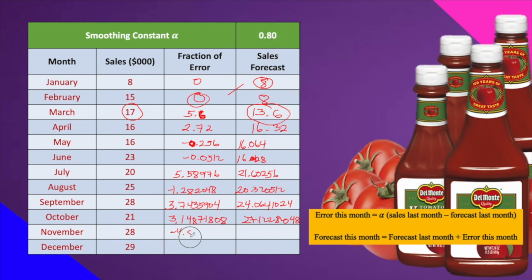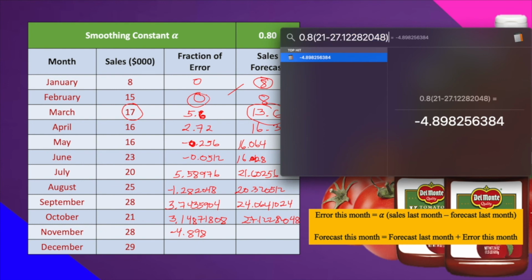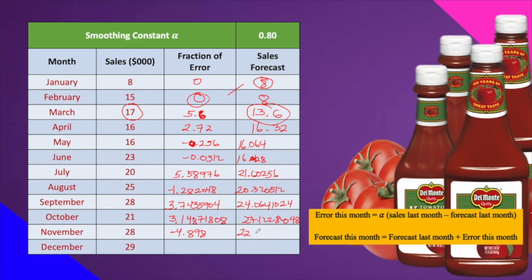Tatlong decimal naman tayo. I-plus natin yung ating 27.12282. Ayan. 22.2246. Okay, ayan. Patapos na tayo.